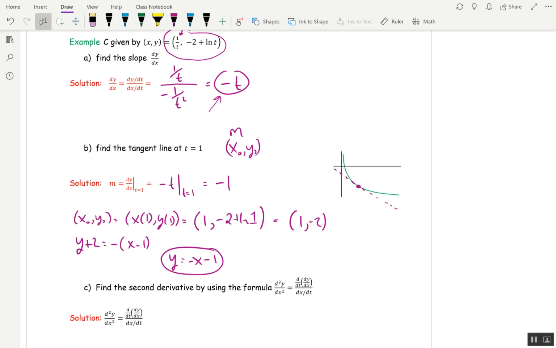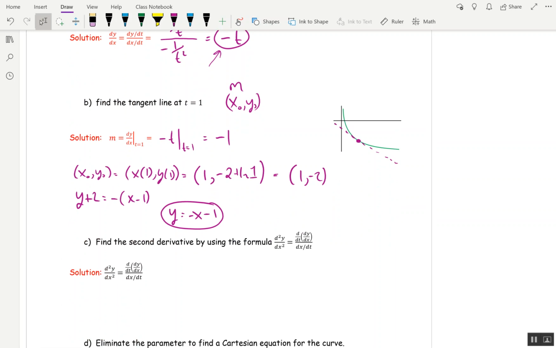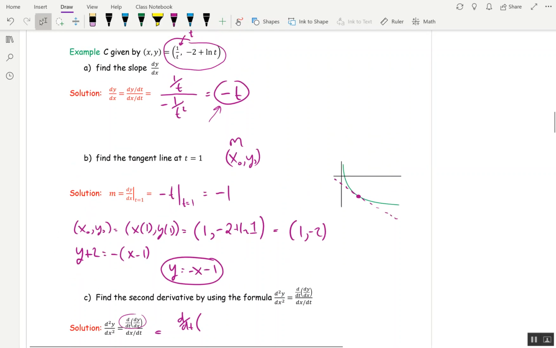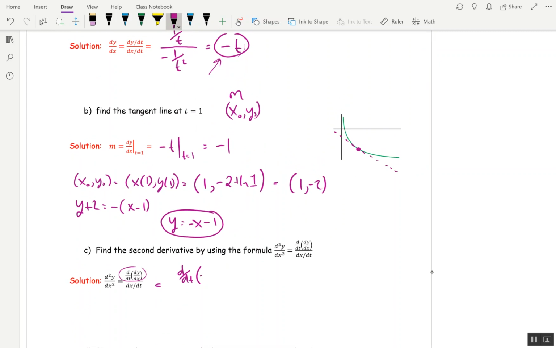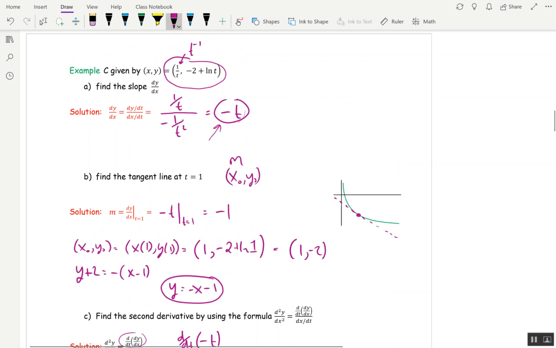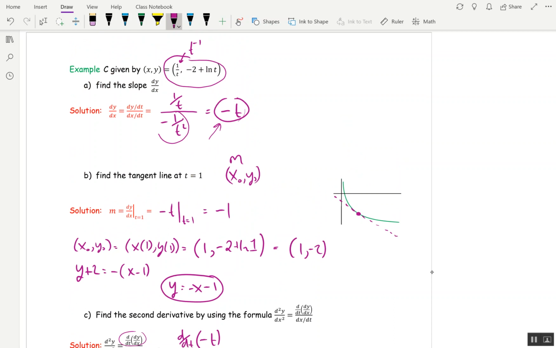Okay, find the second derivative. So this is our first opportunity to use the second derivative formula, and it uses work from the first derivative. So I want d by dt of the first derivative, which is up here. It's negative t. And then I divide by dx dt, and we already did dx dt, it's down here.